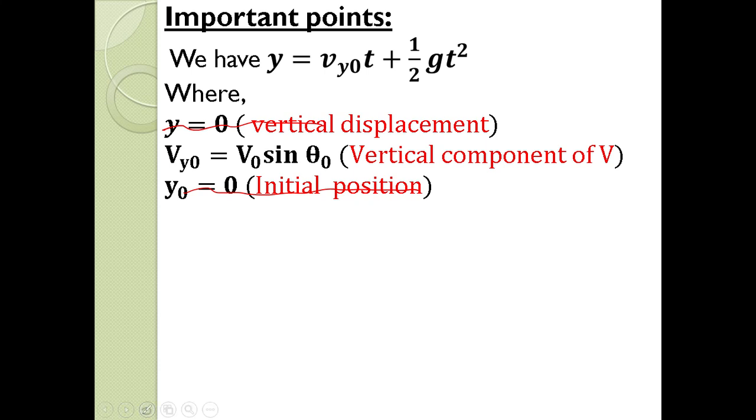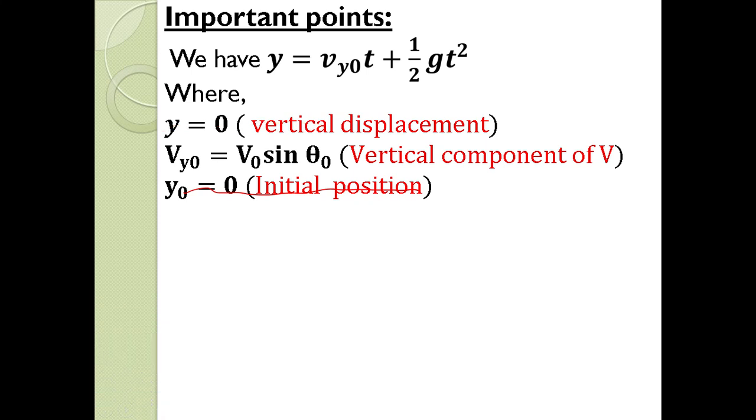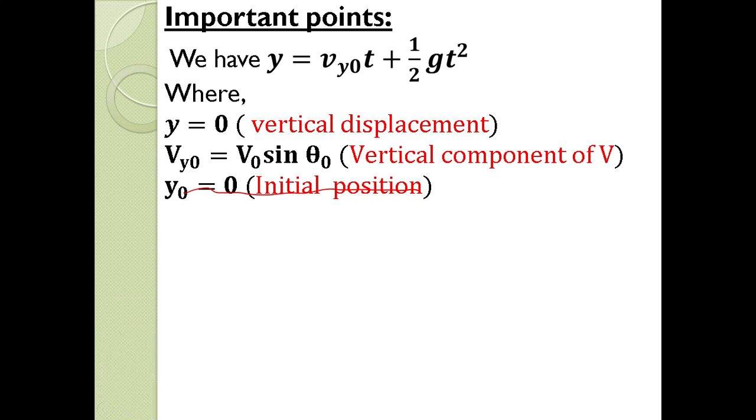Why? Because when we are starting, we need to find the displacement. Displacement is going up and down. The projectile is moving from ground to ground, so the displacement from ground to ground is zero, and that's why we put y equal to 0.